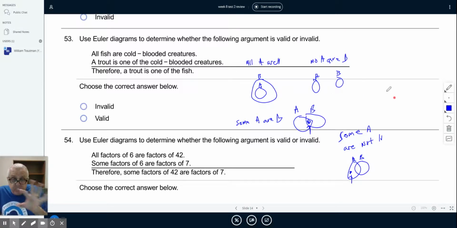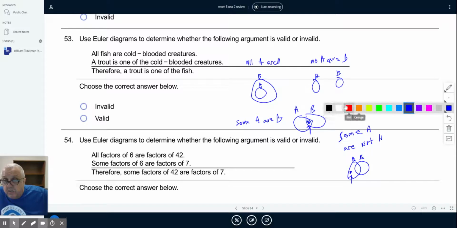All of this just off of these four circles. So we're only going to use these four types of circles.